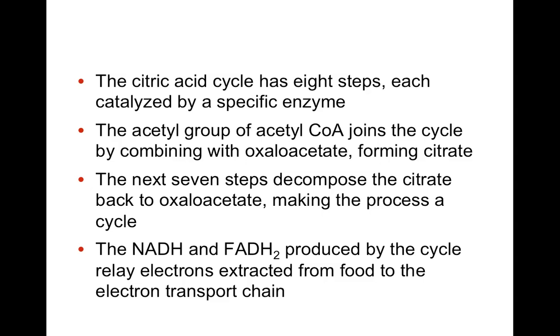And citrate is just the ionized form of citric acid. Citric acid, citrate, essentially the same thing. So eventually we're going to end up with oxaloacetate again, and that's what makes it a cycle. And it's these electron buses, NADH and FADH2, that are going to take those electrons away and take them to electron camp.